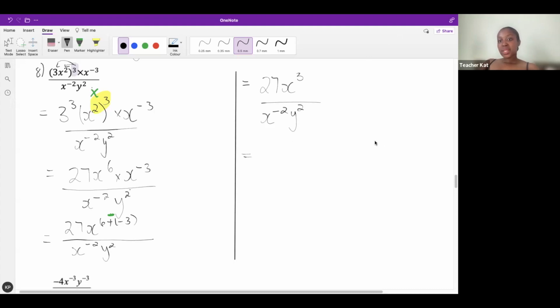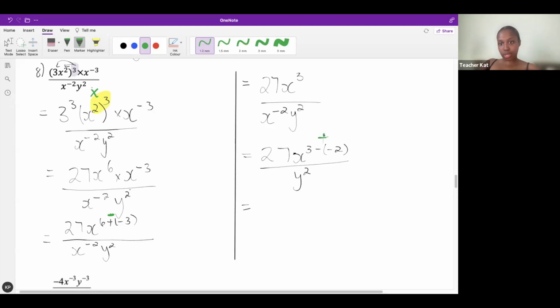We're going to subtract them. So I'm going to have 27 times x to the power of 3 minus negative 2 all over y squared. That minus negative is going to give me a positive.